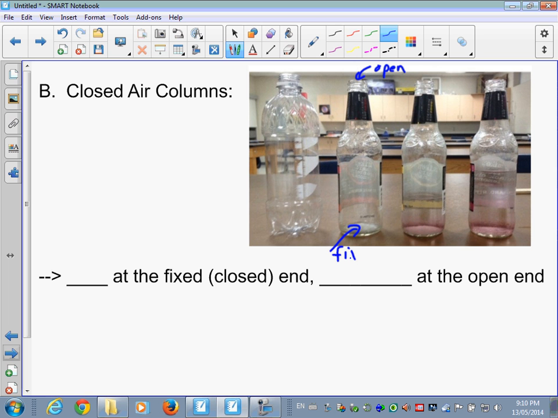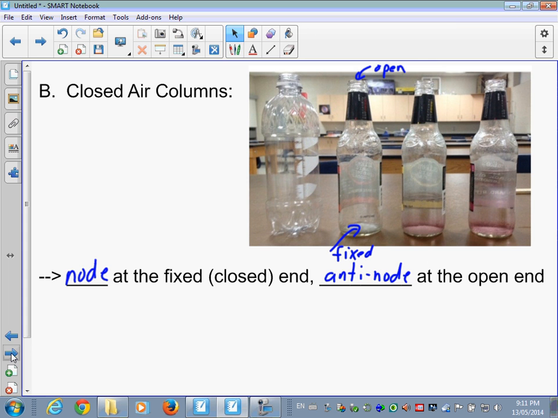So this is a fixed end, which creates a node at that end. That's what makes this different from the other air columns: here you're going to have a node. At the top it's open, so you're going to have an antinode. So you get an antinode at the open end and a node at the fixed end.